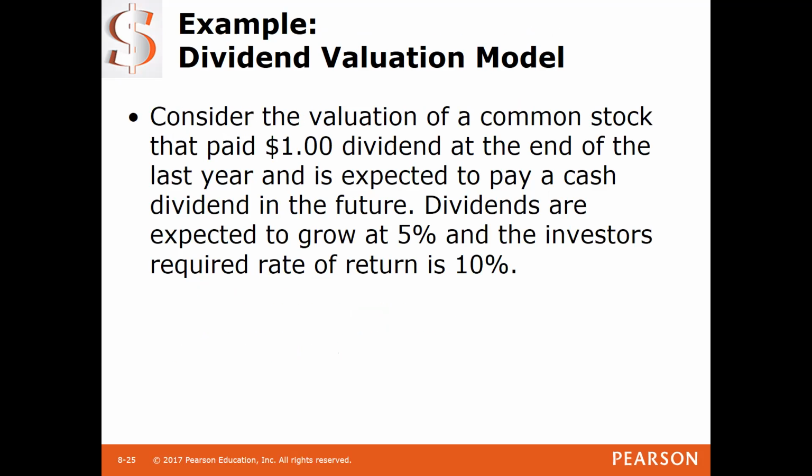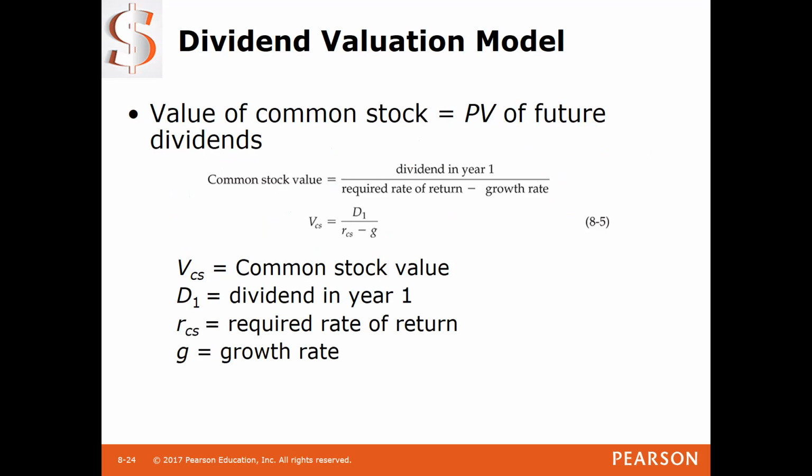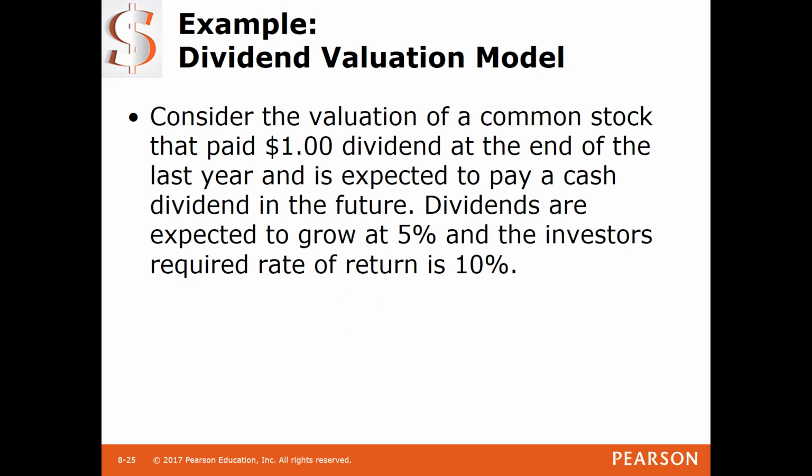The R is the required rate of return by the investors, and the G is the growth rate. So let's consider this example. A company paid $1 as dividend at the end of last year, and we expect the company to pay a cash dividend in future. We anticipate a growth rate of 5%, and the investor's required rate of return is 10%.